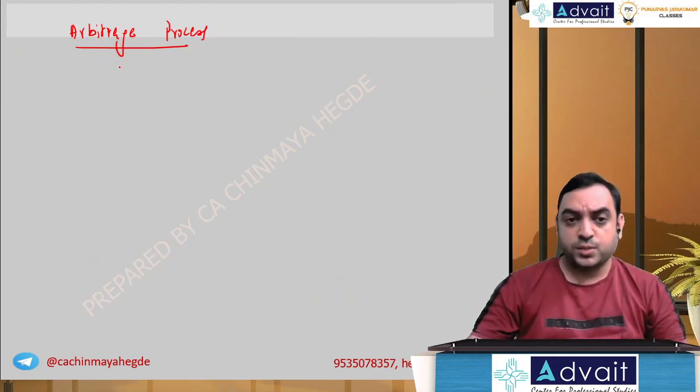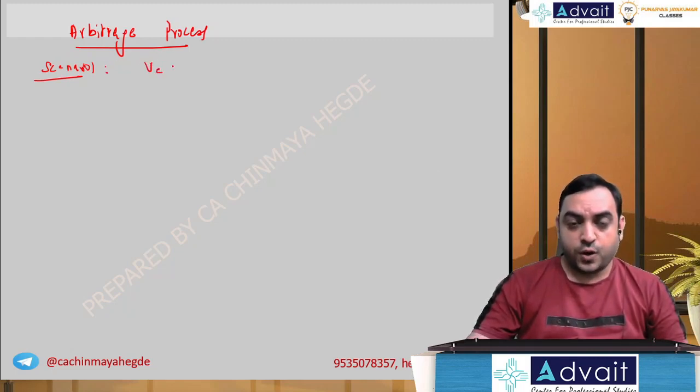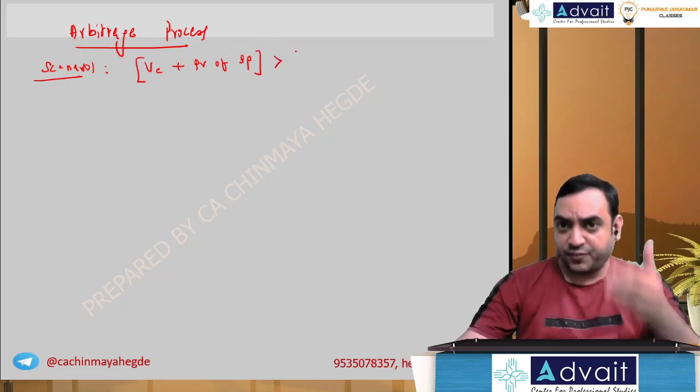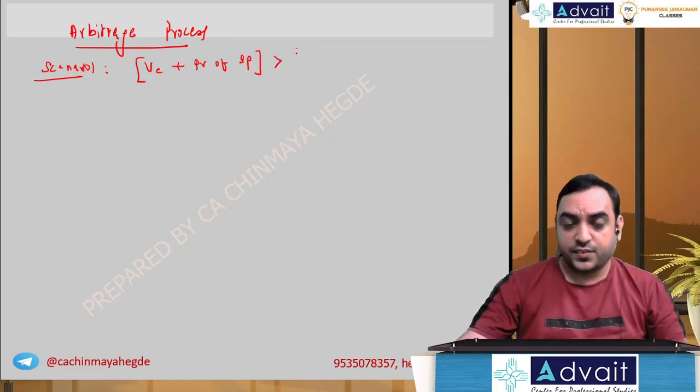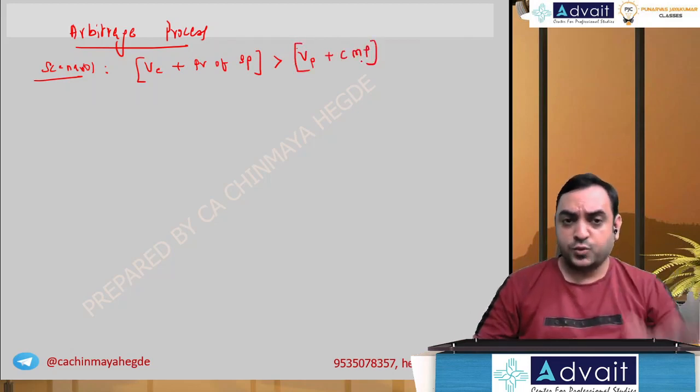So scenario one: value of call plus present value of strike price is greater than the right hand side, which is value of put plus current market price. Correct? This is one situation.